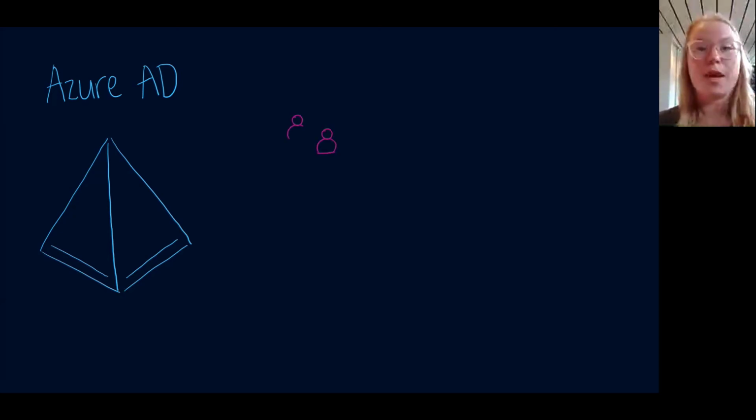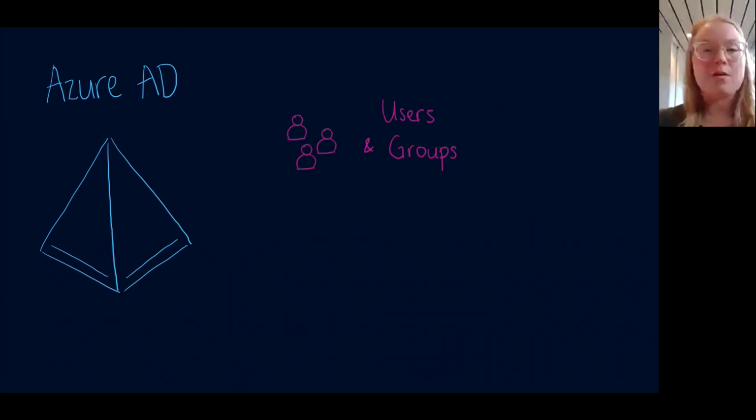And if we think about Azure AD, the first thing that comes to mind is, of course, users and groups. Those are something that we can define in our Azure AD. So if you have an existing Azure AD already, your organizational users will be available there. But to, for example, manage access to Synapse, you might want to create some new groups that group your users together based on their needs.